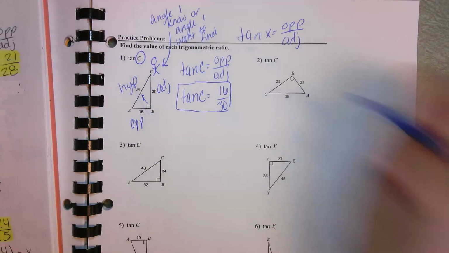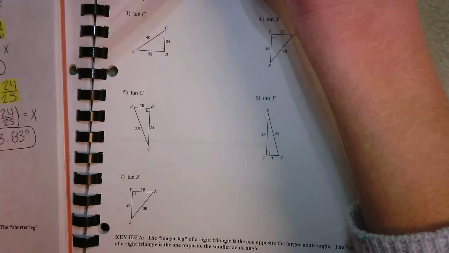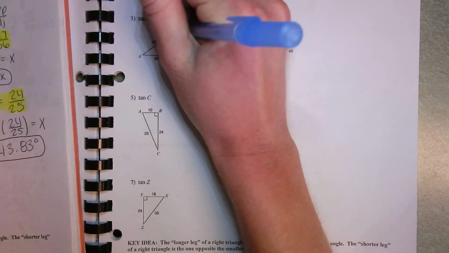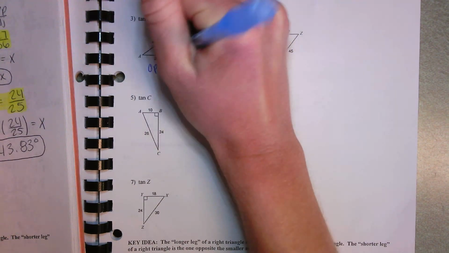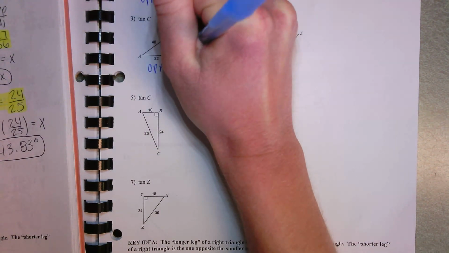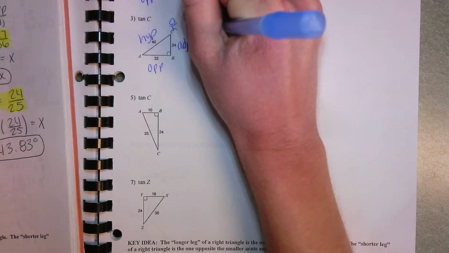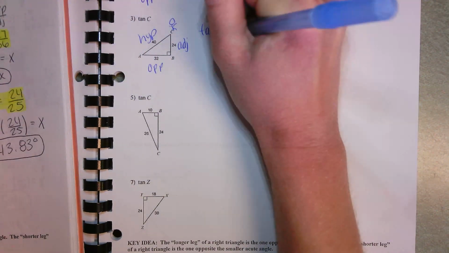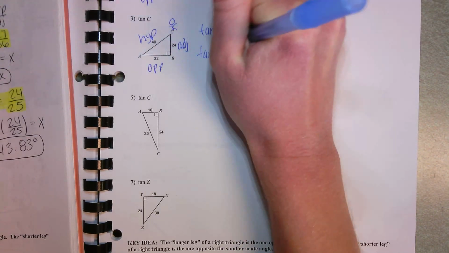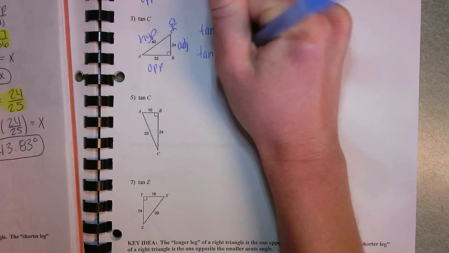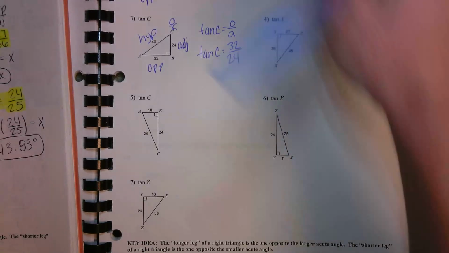And that's it. All right, so let's look at 3. Tangent of C, so again, we're putting my person here. This is my opposite, this is my adjacent, and this is my hypotenuse. The tangent of C, again, is opposite over adjacent, so it's 32 over 24.